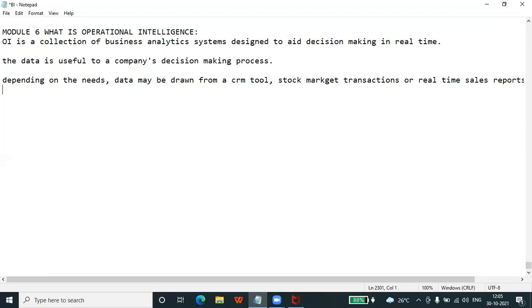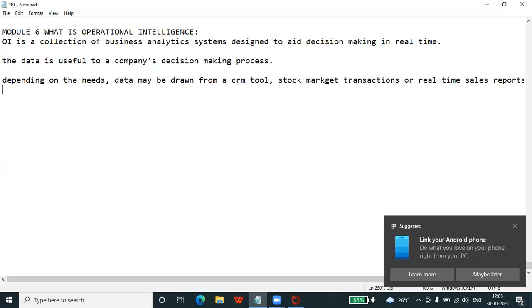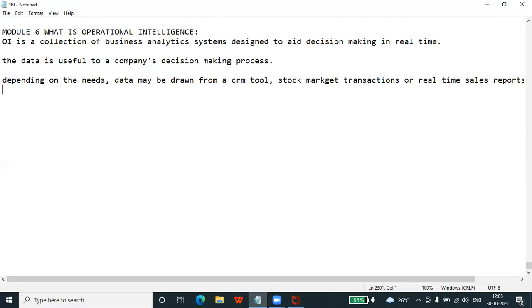New technical developments have allowed for more granular detail to be incorporated into operational intelligence solutions. Operational intelligence data may be drawn directly from IoT sensors embedded into machines on the factory floor, or from measurements within a company's telecommunications infrastructure.